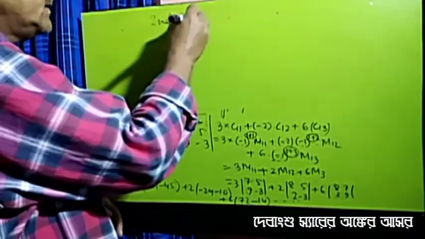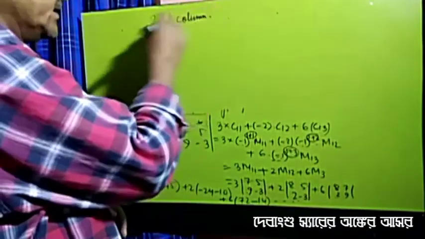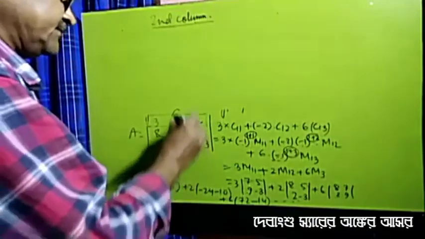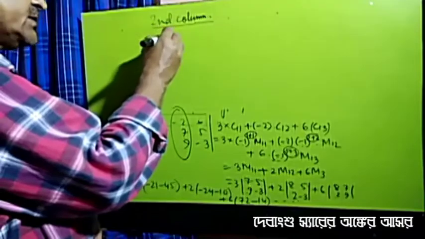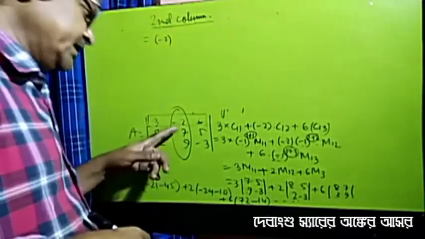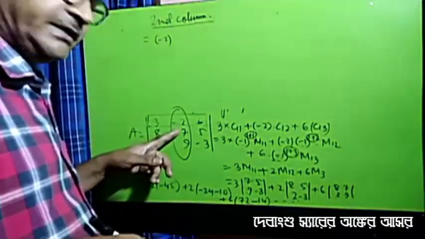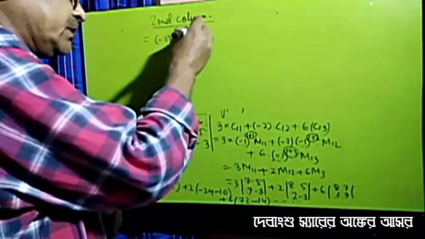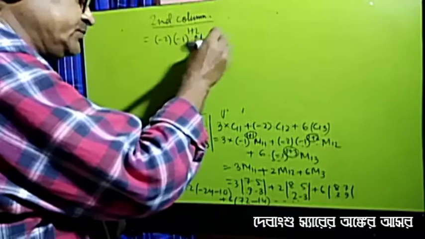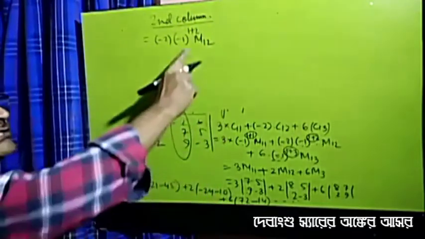Second column. So second column is this. So first element is minus 2. So it is 1, 2 element. That is first row, second column. So minus 1 to the power 1 plus 2, M12. This is C12.